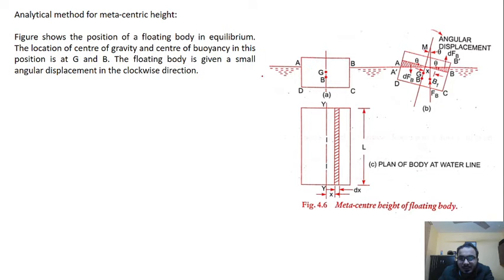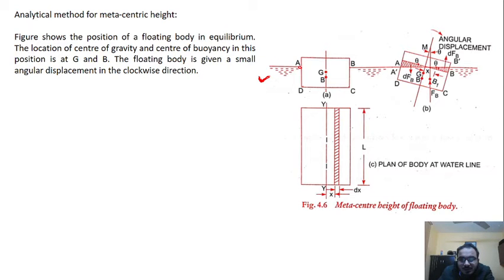This first portion is the front view of the figure. Here the portion which is submerged in the liquid is denoted with A, B, C and D. So this is the portion which is submerged in the liquid, and the entire body has center of gravity G, and the center of buoyancy is B. So let me give you another clear understanding of this.